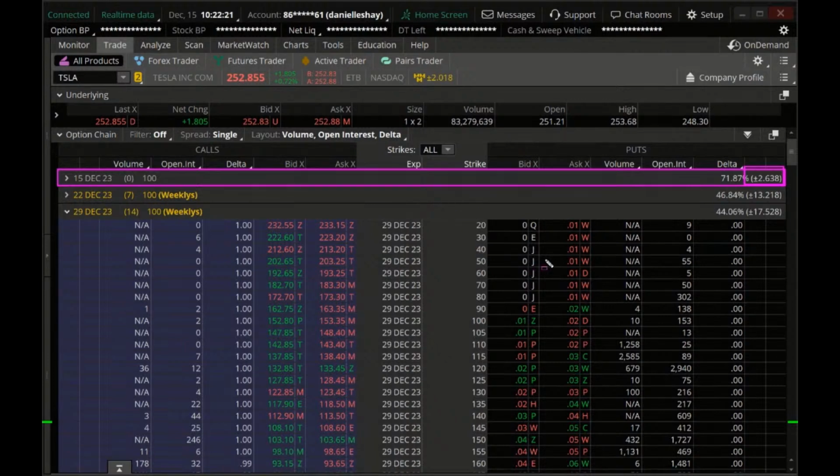So if the question is, which is better, today's expiration or next week? It's not that there's really one that's better. It's that there's one that will be better for you. I really don't day trade. I did do an SPX day trade, I think yesterday or the day before. It's just not something that I do a lot.